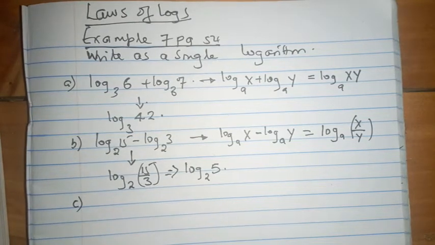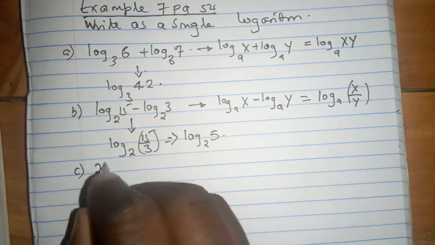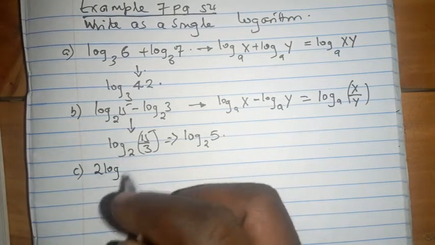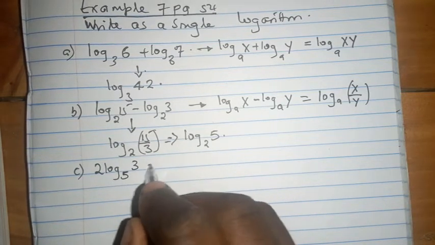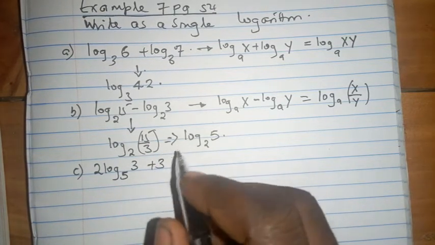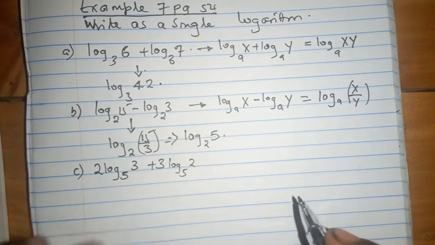Part C, which we need to look at again: 2 log to base 5 of 3 plus 3 log to base 5 of 2.